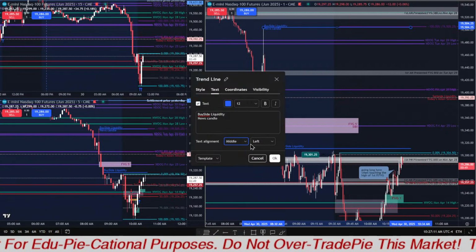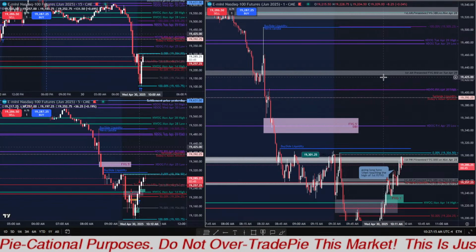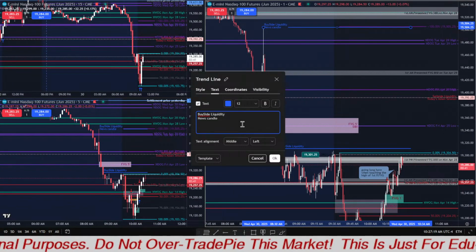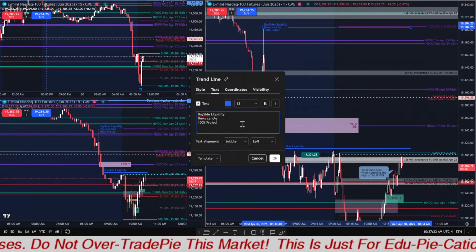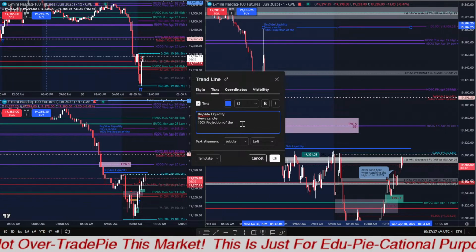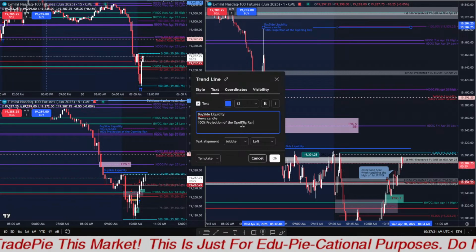We have a news candle over here, which is the 100% projection of the opening range.